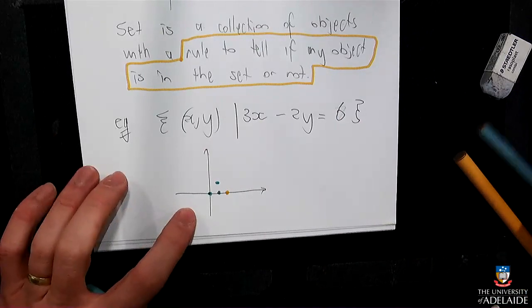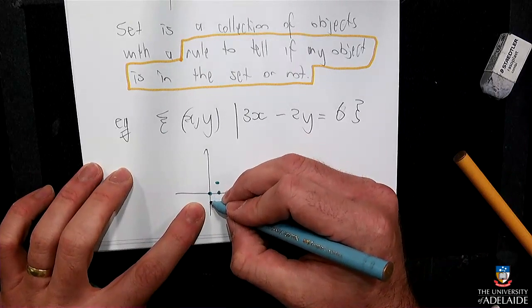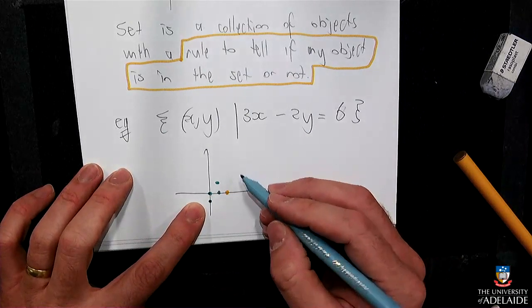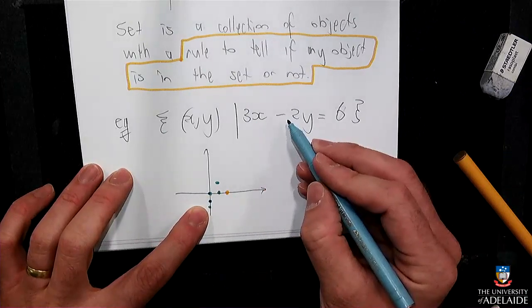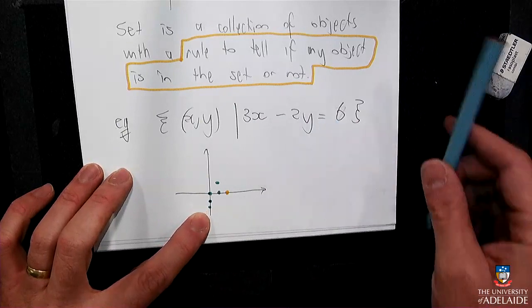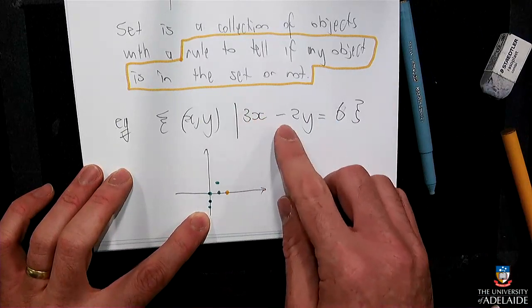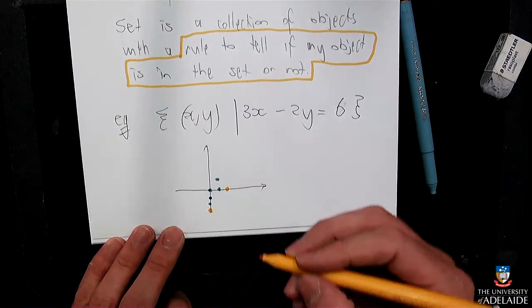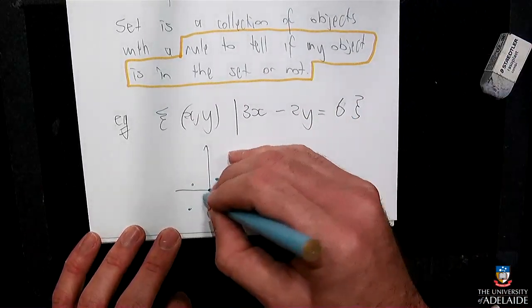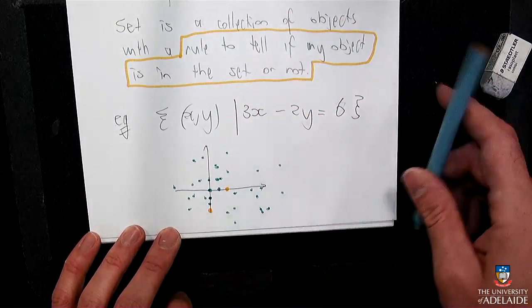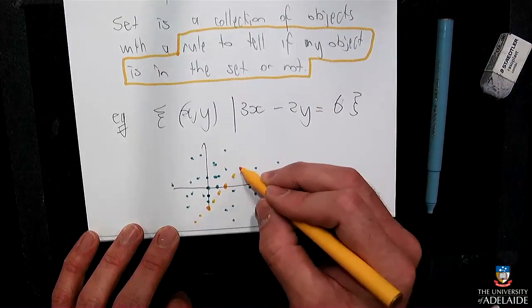So I might go down the y-axis. 0, minus 1 is not in the set. 0, minus 2 would be 3 times 0 minus 2 times minus 2, which is 4, which is not in the set. 0, minus 3: 3 times 0 minus 2 times minus 3 is in fact 6, so this one's in the set. And in fact we'll discover that as we start doing this, all of these points and all of these points, none of them are in the set, and we end up with these points in the set.